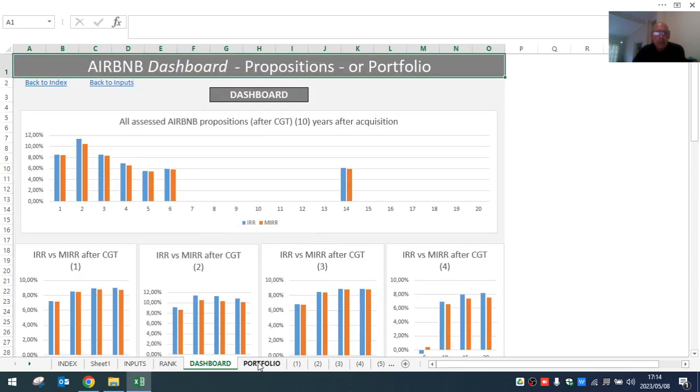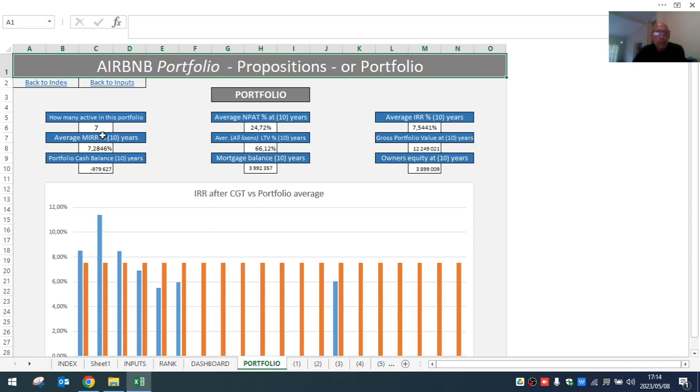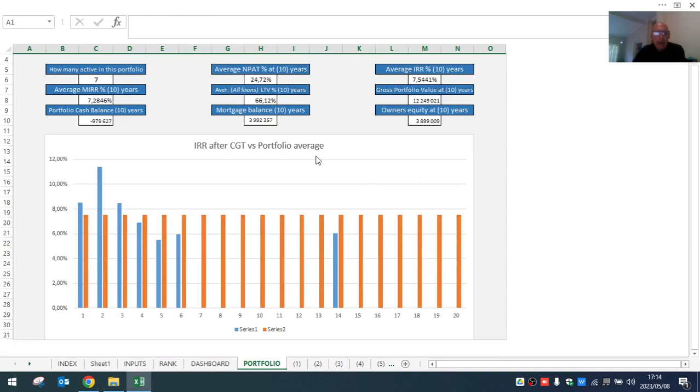Then we get to the portfolio. As you can see, we've got a weighted average portfolio in terms of internal rate of return and all the key metrics that need to be there. And again, we measure the internal rate of return after capital gains tax versus the portfolio average.